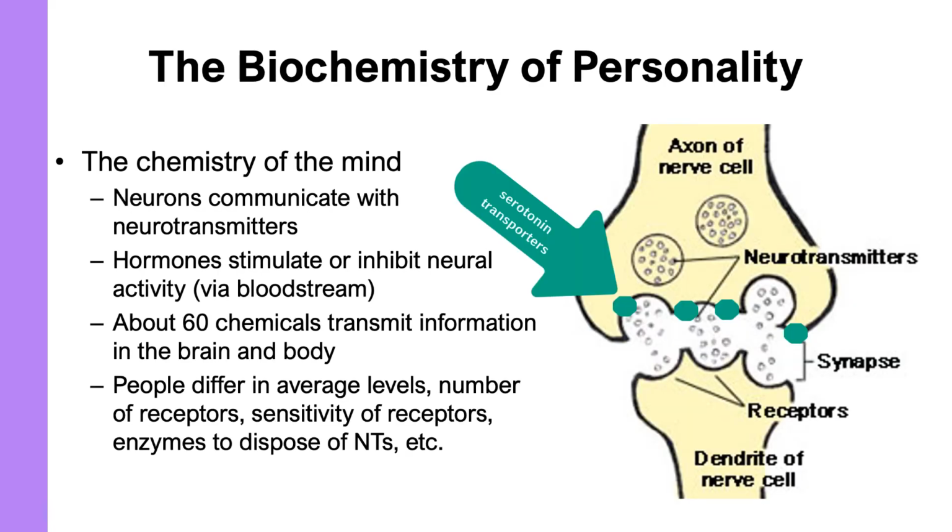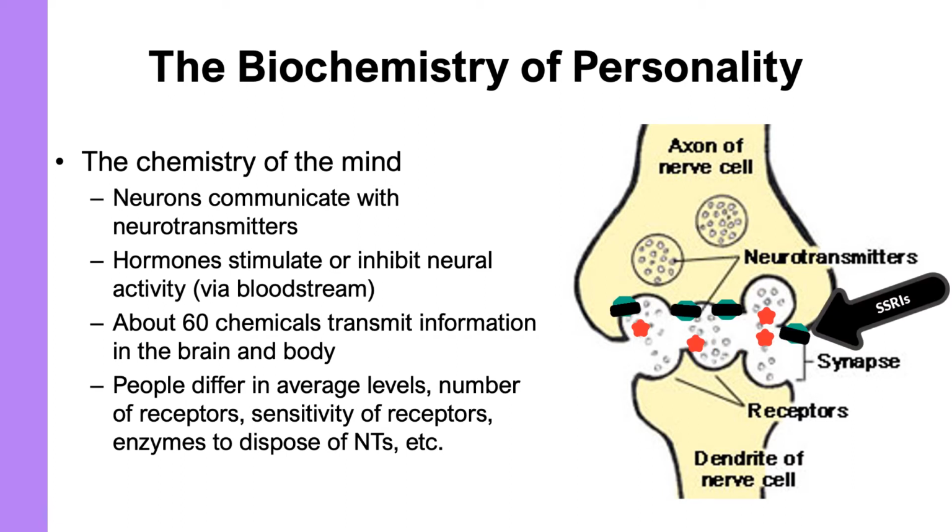So what it does is it prevents the transporters that I was talking about before, these little transporters that sit on the presynaptic neuron. Once serotonin is released into the synapse, these transporters pull it back up so that it can be used later. If you're taking a selective serotonin reuptake inhibitor like Prozac or Lexapro, there are many on the market, it stops these transporters from doing their job, bringing that serotonin back in.